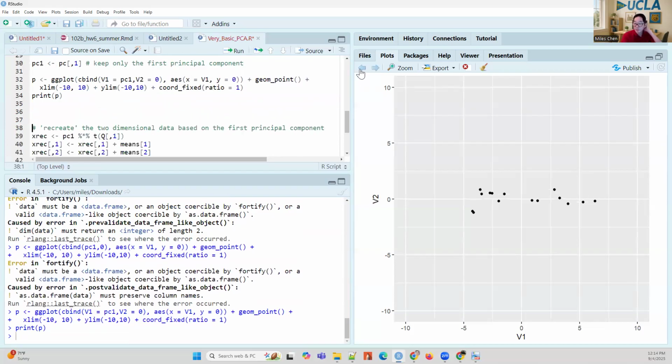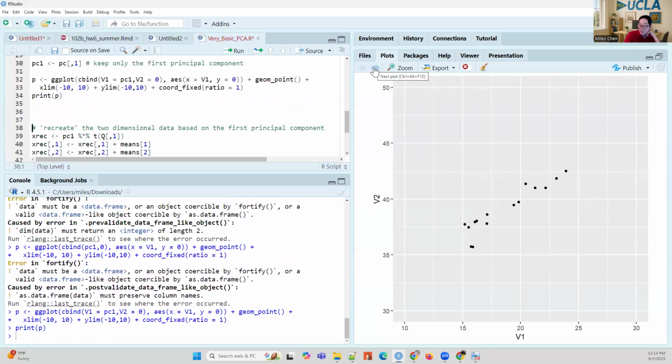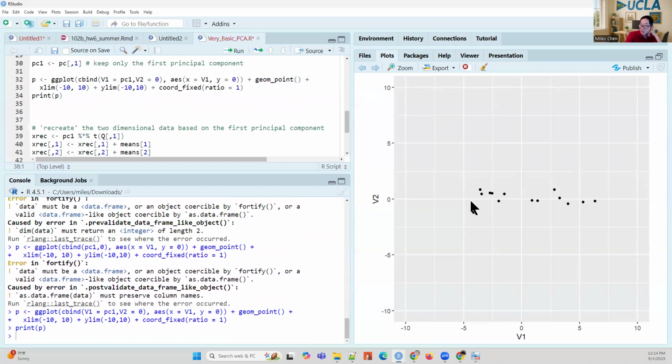So here's our original data. I'm rotating it, and then the next part is I'm going to just get rid of one of the variables. All of these dots are just going to collapse onto the x-axis. So these two dots will collapse onto there, and these dots will collapse down to here.